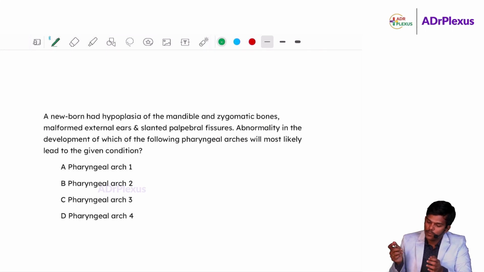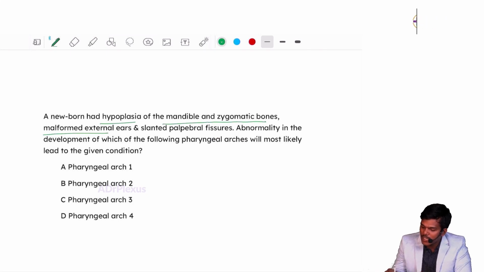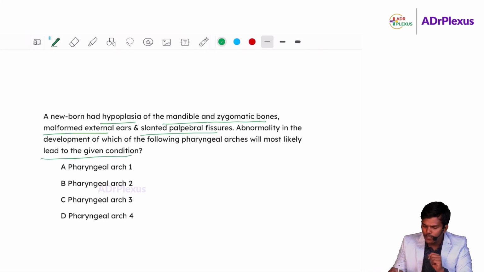Okay, now a newborn had hypoplasia of mandible and zygomatic bones, malformed external ears, slanted palpebral fissure. Abnormality in the development of which of the following pharyngeal arches will most likely lead to the given condition? As I told you, the first and second arch will give rise to the external and middle ear.